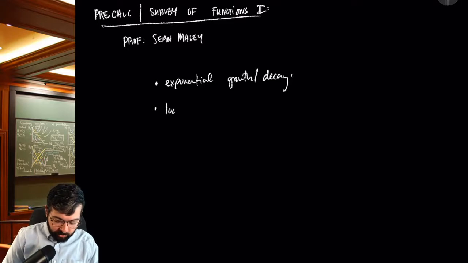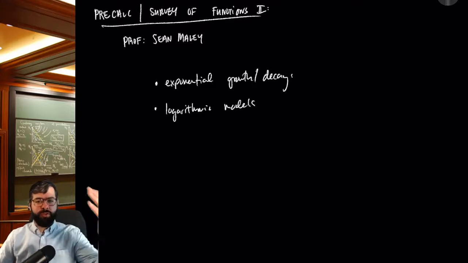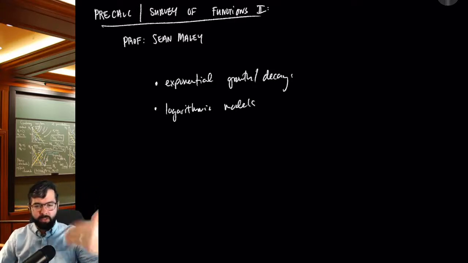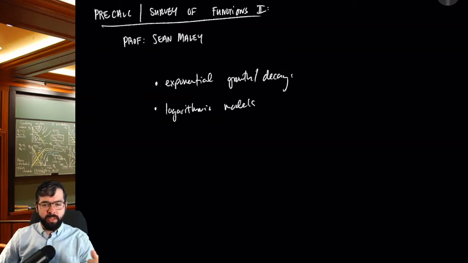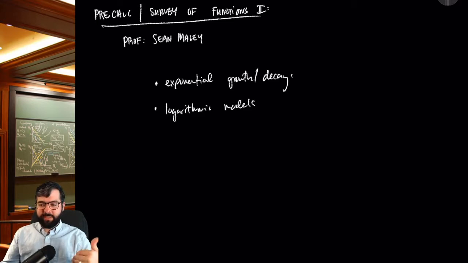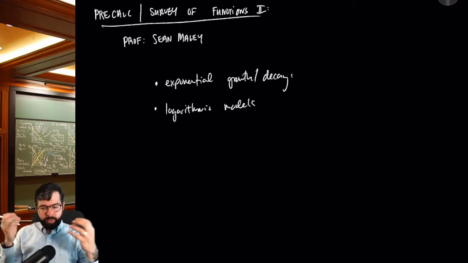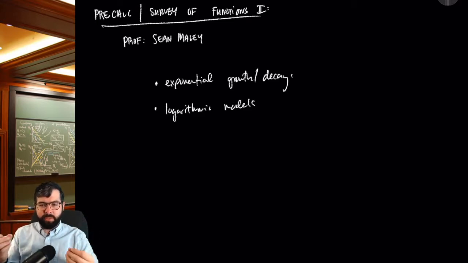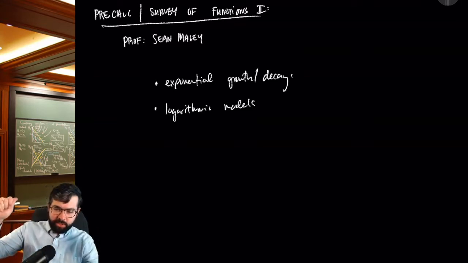We'll also look at logarithmic models. And these are the inverse to exponential functions, so it makes a good deal of sense that we'd look at them both. So logarithmic, essentially what it does is breaks down exponential growth into something a little bit more wieldy. Since it undoes the exponent, we can sometimes make a linear relationship out of something.